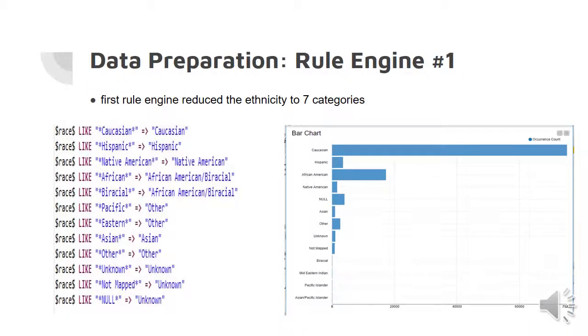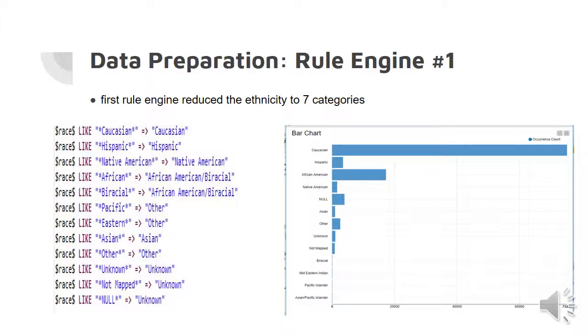On to the rule engines. Now we used rule engines to reduce the categories / groupings for several of our variables to simplify our data set as much as we can for plugging into our model later on. So the first rule engine was applied against race.